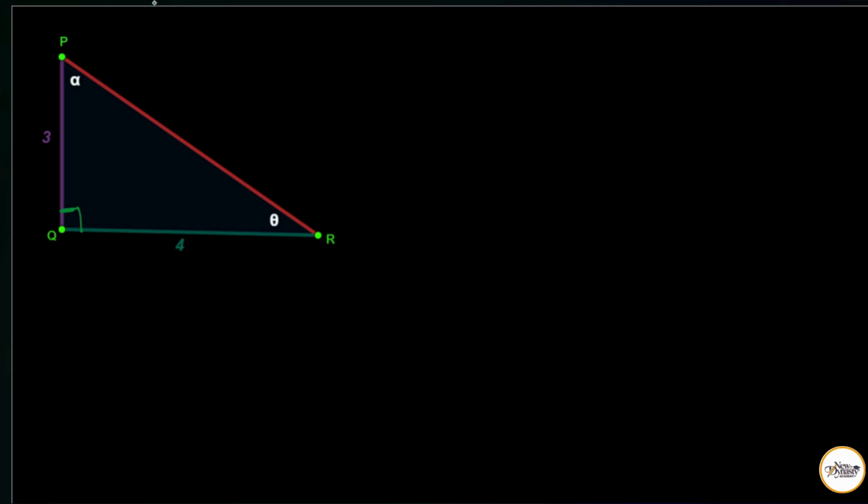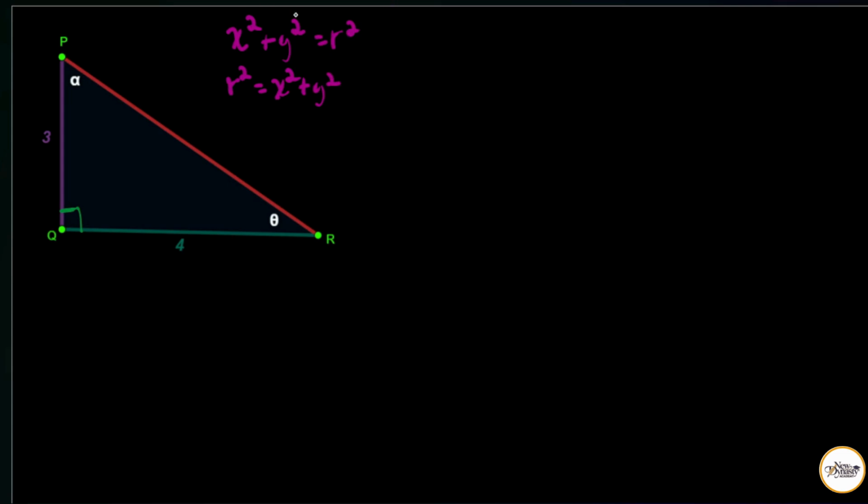I believe that you are familiar with the equation of Pythagoras, which says that x squared plus y squared equals r squared. Sometimes you start with r squared equals x squared plus y squared. It doesn't matter. That is an equation.